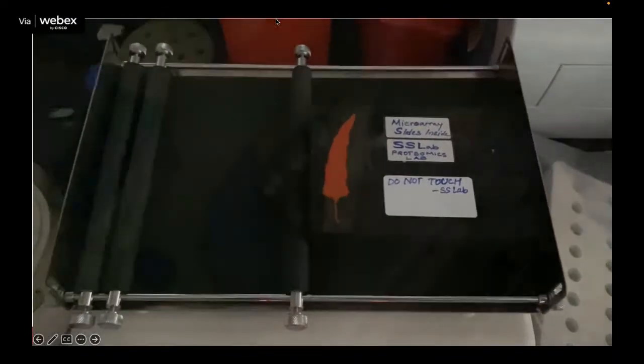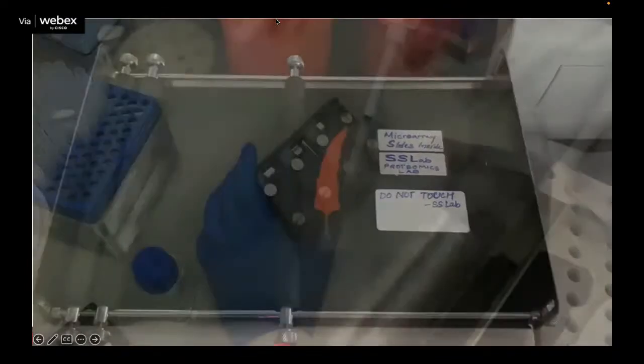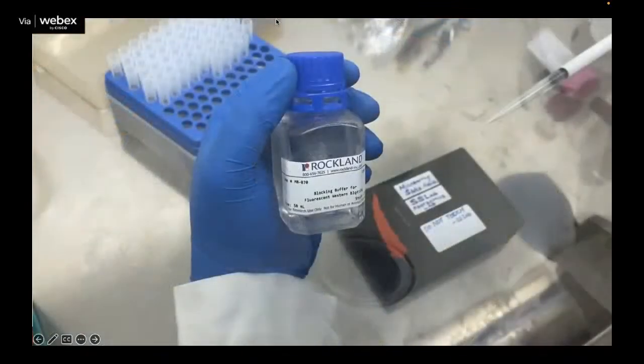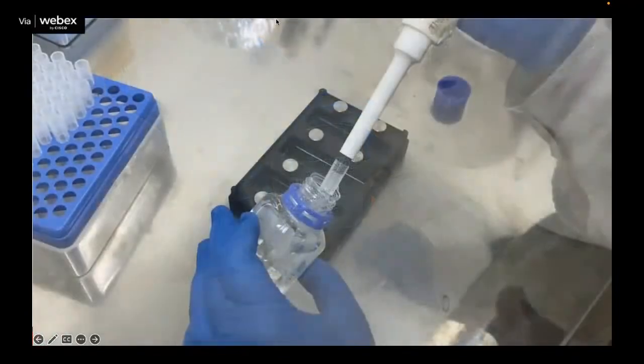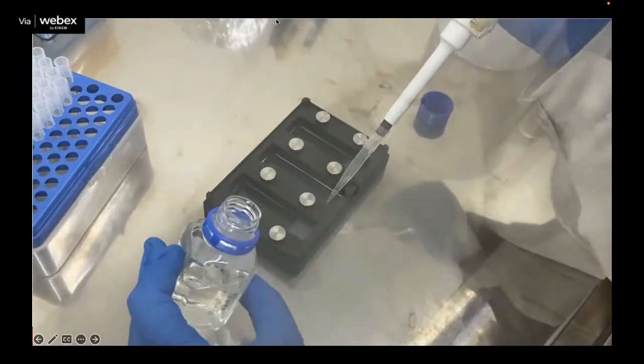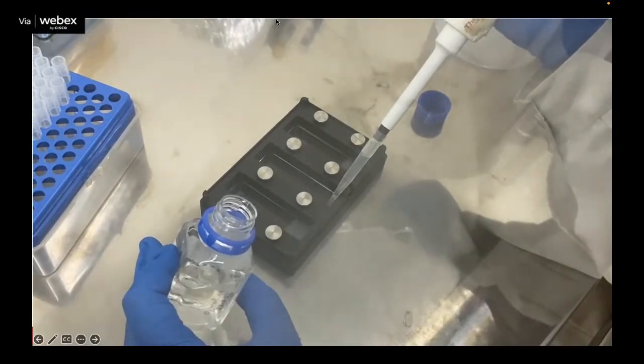Now aspirate and remove the buffer and add 2 ml of blocking buffer. Slowly add the buffer onto the slides. Allow for 30 minutes of incubation.